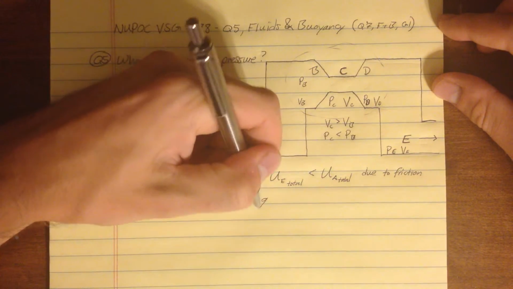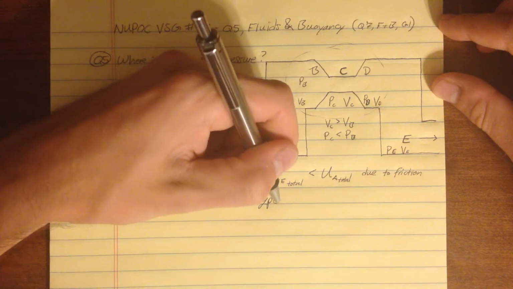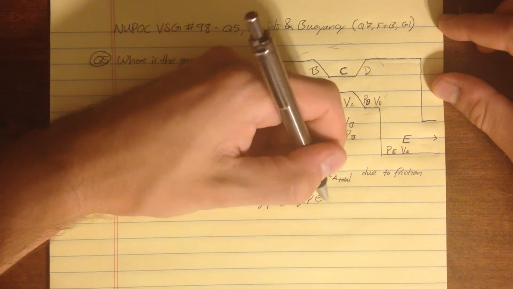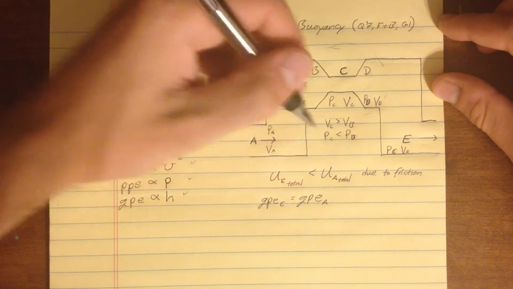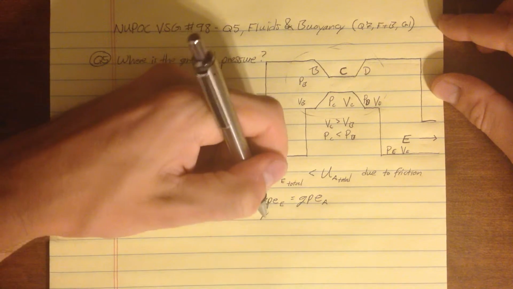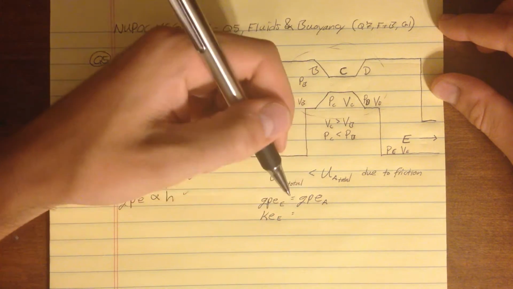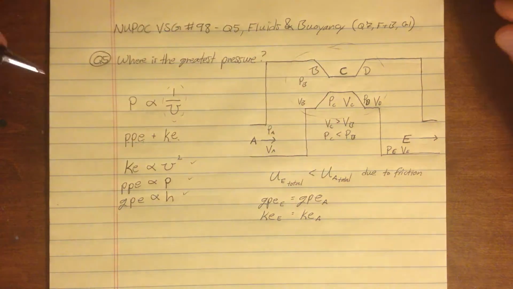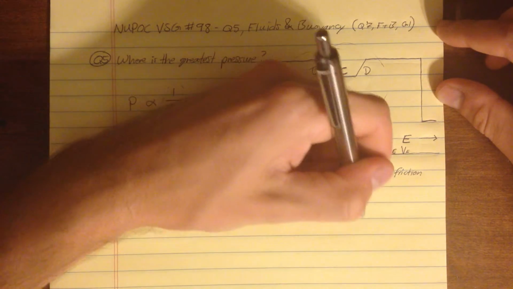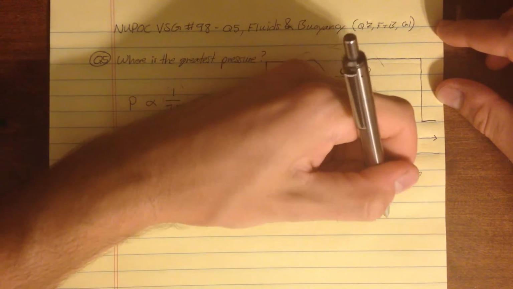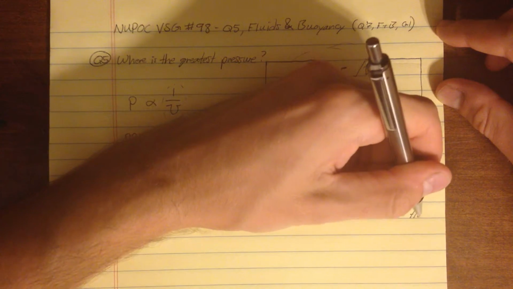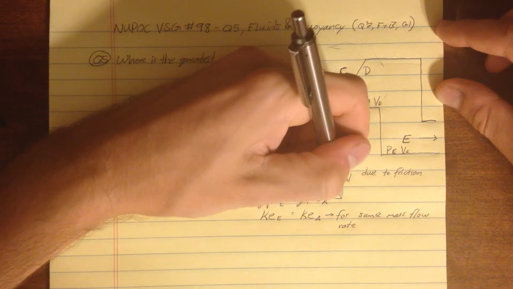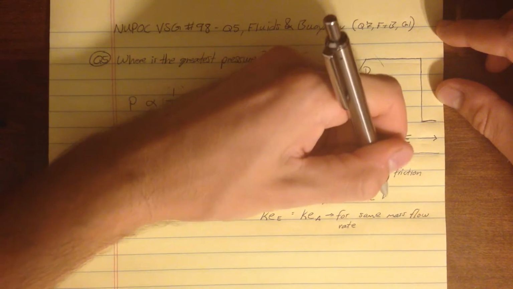And we know that the gravitational potential energy of E equals the gravitational potential energy of A, and we know that the kinetic energy of E equals the kinetic energy of A, so we have the same mass flow rate. So I'll write for same mass flow rate, and I'll write this is the same height.